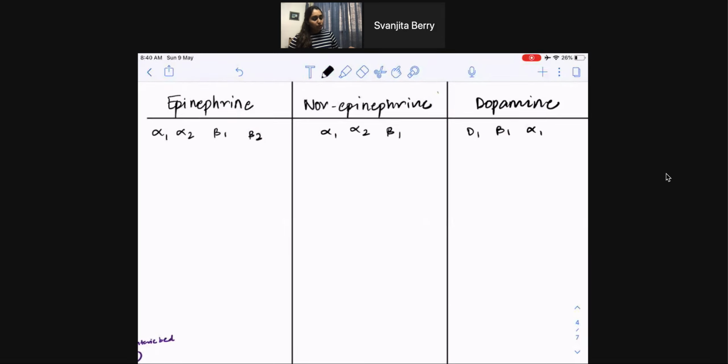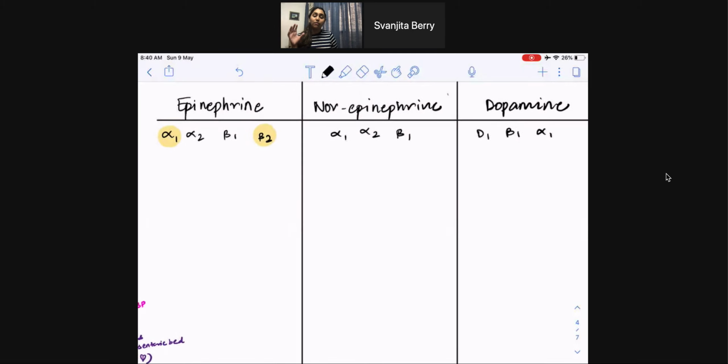Okay, let's talk about epinephrine. There's something pretty unique here. Alpha 1 and beta 2 can both be activated by epinephrine. It's interesting because alpha 1 vasoconstricts and beta 2 vasodilates, right? So what is epinephrine going to do? Well, that depends on the dosage.